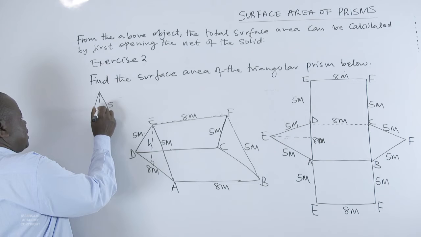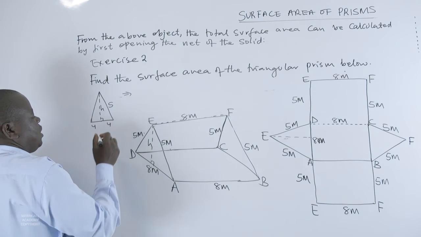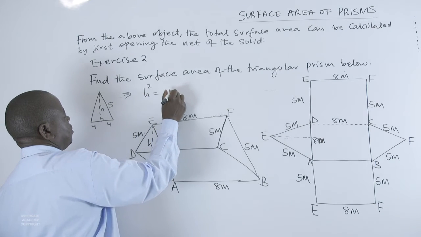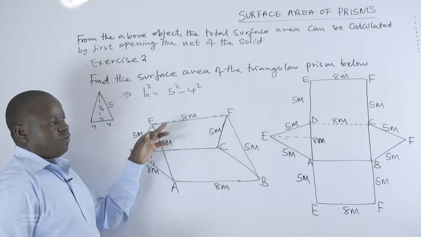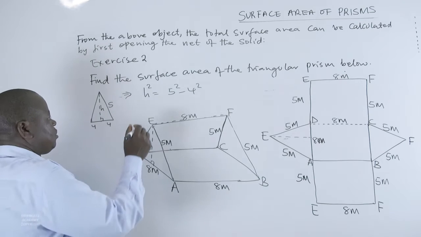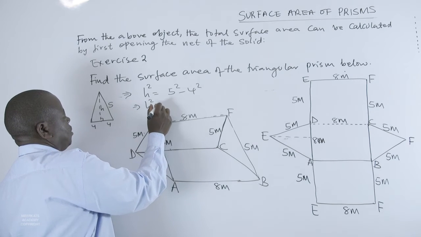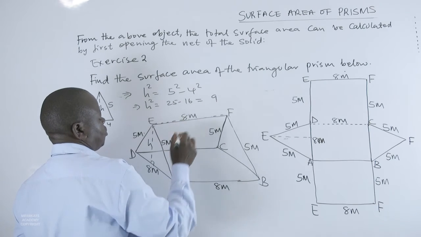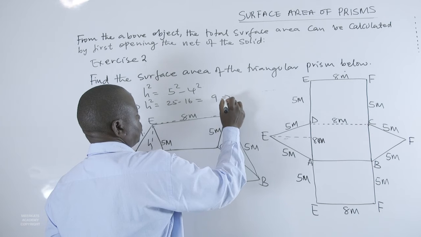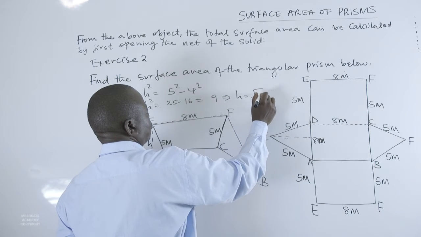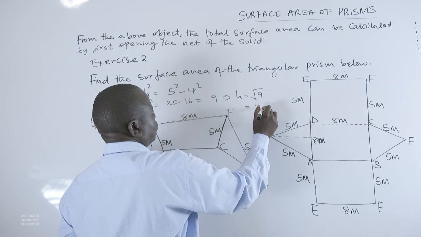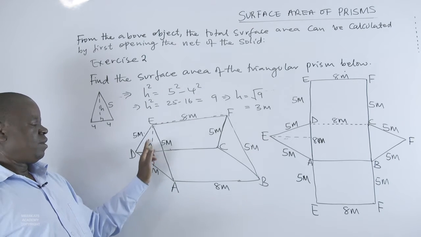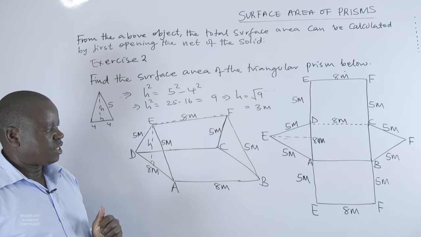By use of Pythagoras relationship, we'll get five squared minus 4 squared. So the perpendicular height of this particular isosceles triangle is 3 meters.